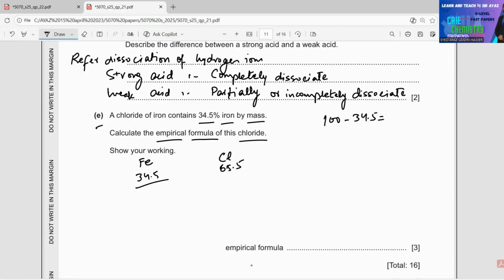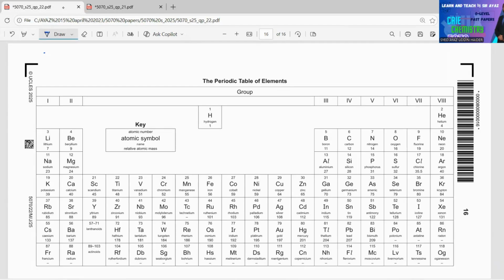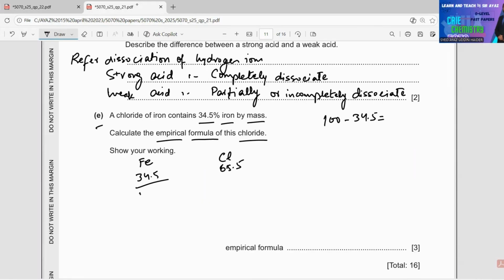The first step, I'm going to divide the percentage by the mass number of each of these. For iron, it must be 56. For chlorine, it must be 35.5. Remember, you have to divide it by the atomic mass number for each element.